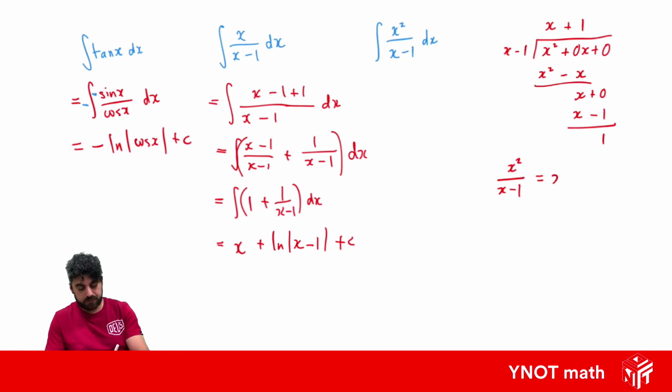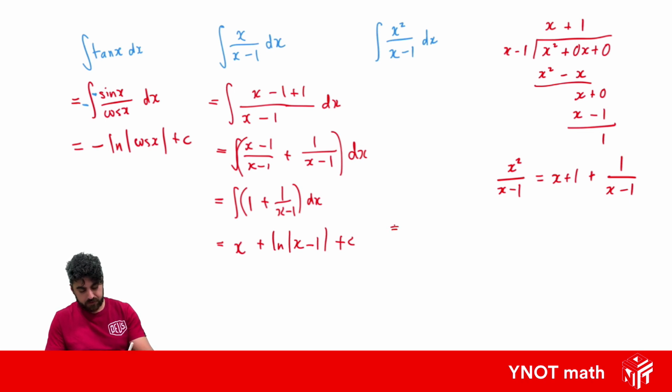So we write that, plus a remainder of 1, but you always have to take your remainder and divide it by the divisor, which was x minus 1. So this part out here. If you combine this all together, you would get this. But this is a lot easier now to integrate than this term here. So we're just going to make that substitution.